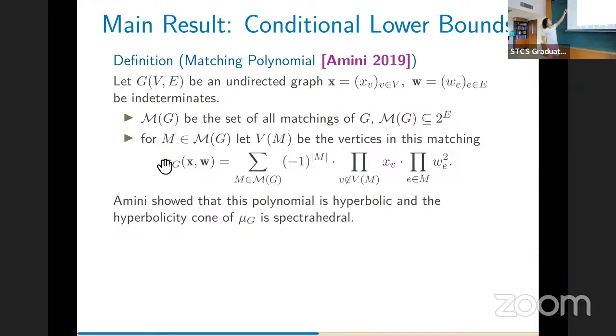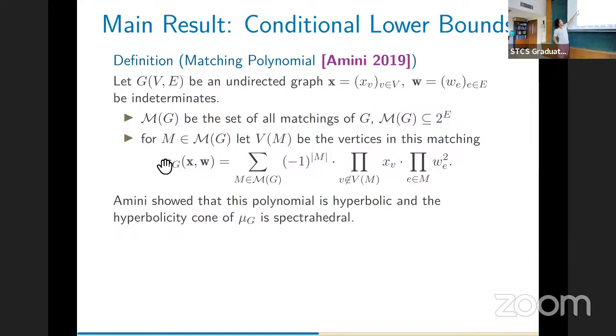So given a graph, let's take an undirected graph. For each vertex I'll give you a variable x_v, and for each edge, a variable w_e. Now let M_G be the set of all matchings of G. G is not bipartite, it's just any graph, and I'm taking all matchings. These matchings don't need to be perfect, they're all just the matchings.